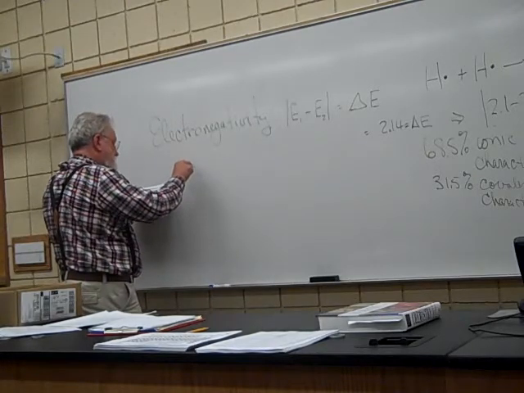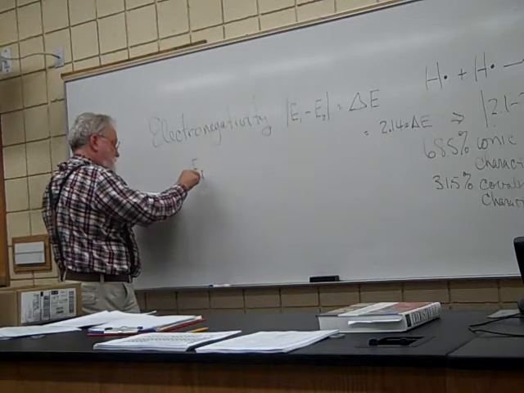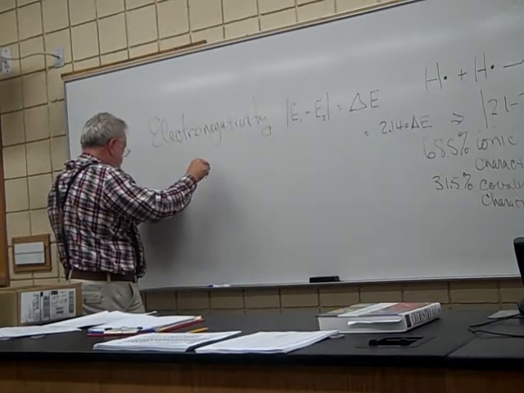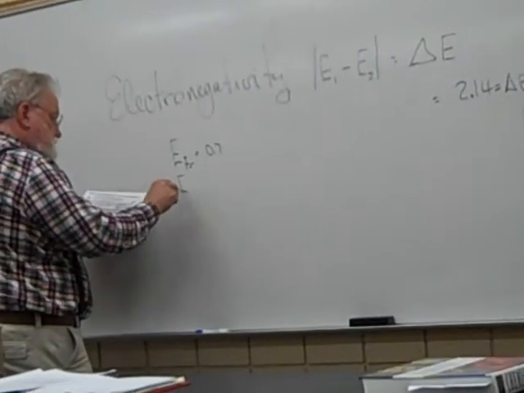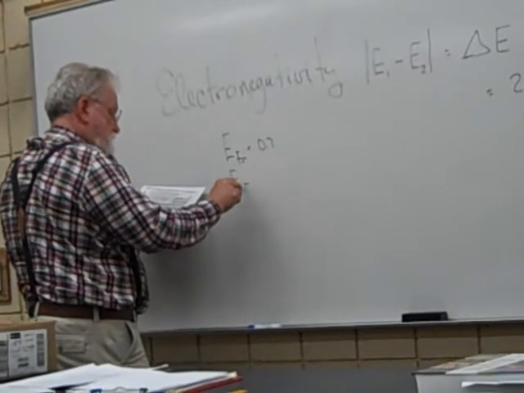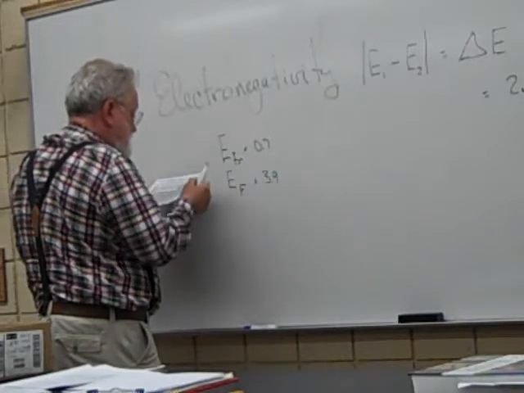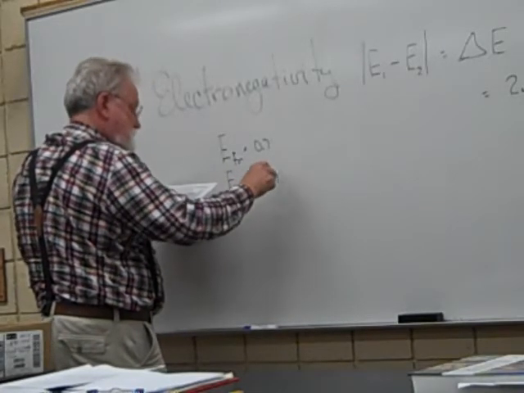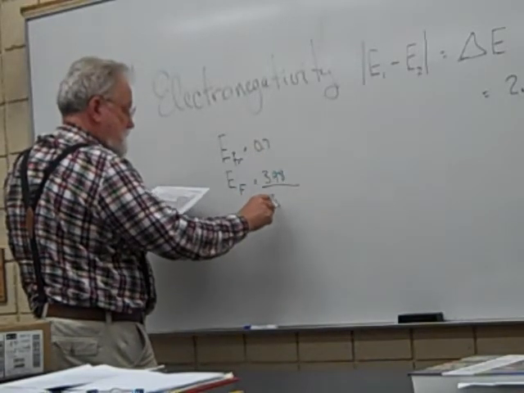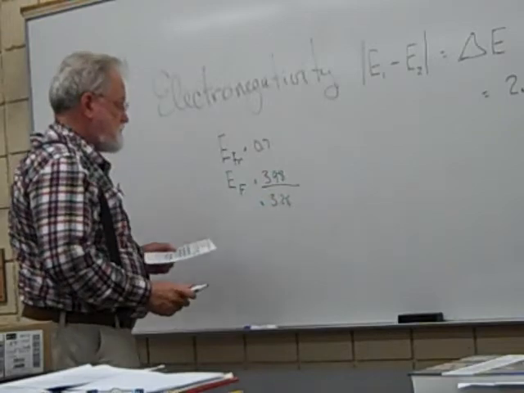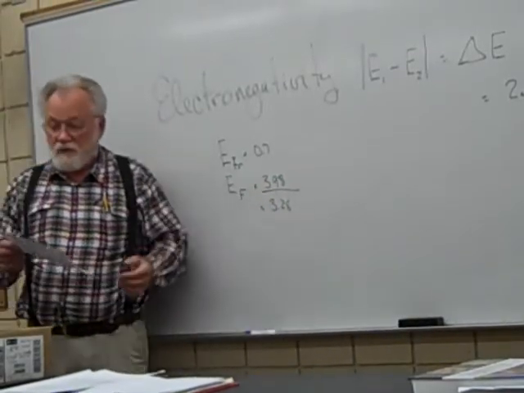The E for the francium, Fr, is equal to 0.7, and the E for the fluorine is going to be equal to 3.8. And so we're going to take the difference in these two, and we're going to get 3.28. That's the maximum difference we can find.